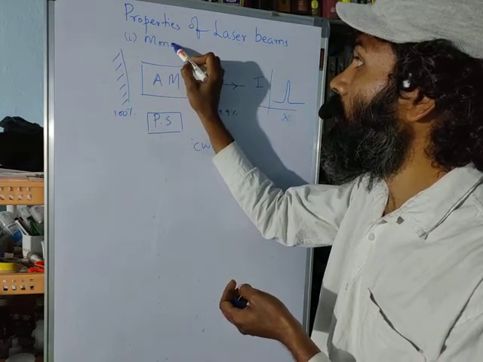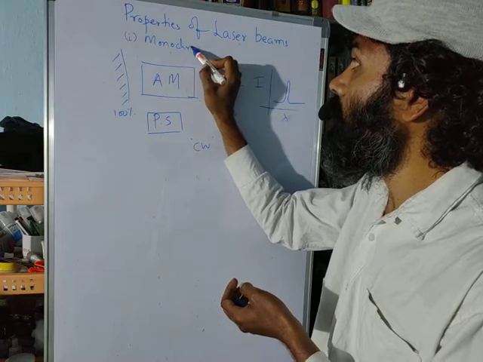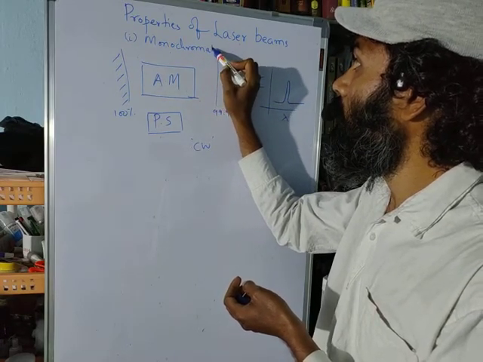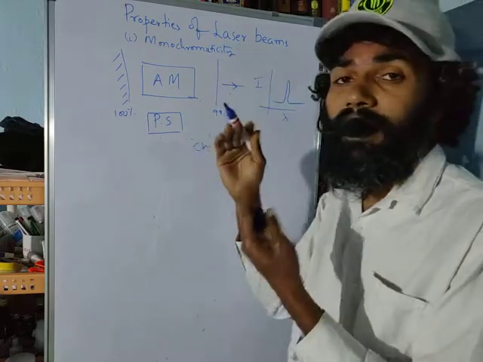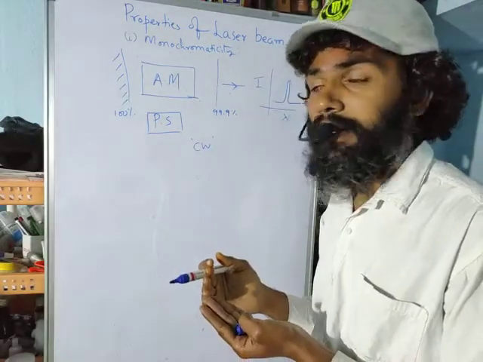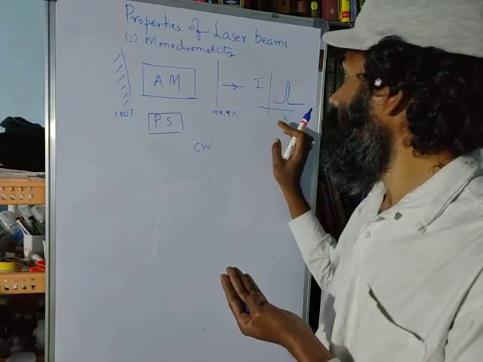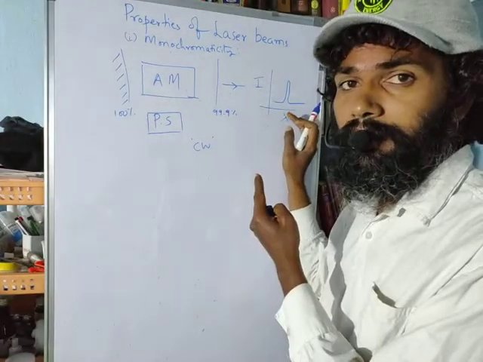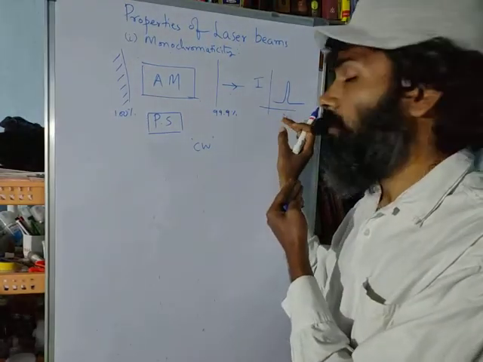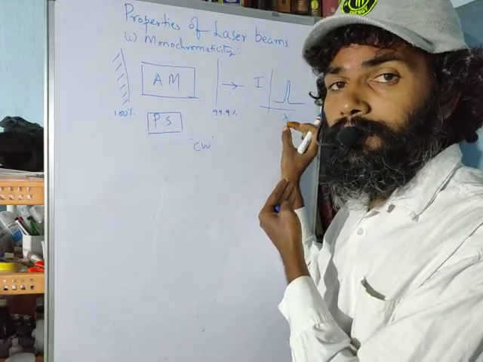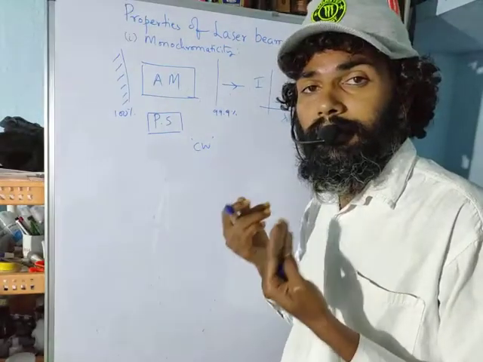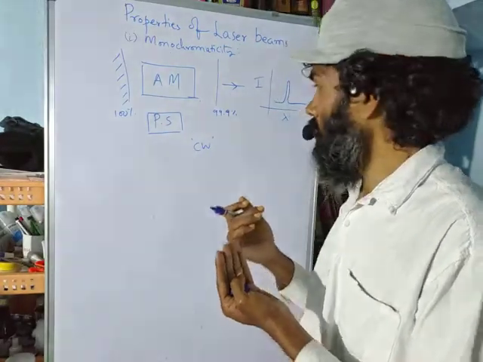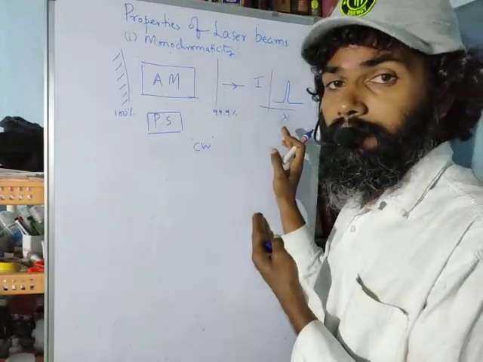So the first property which we can discuss is the monochromaticity of the laser beams, and that's usually high. This is called the spectrum. When you compare the spectrum of laser output to the spectrum of an incandescent bulb, laser output is pretty monochromatic.